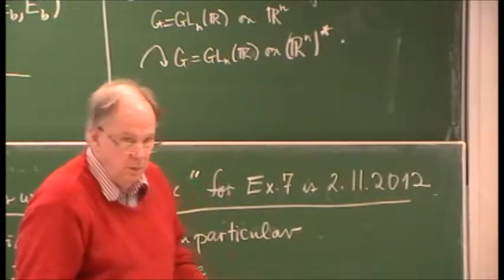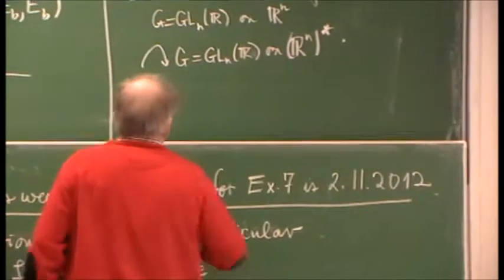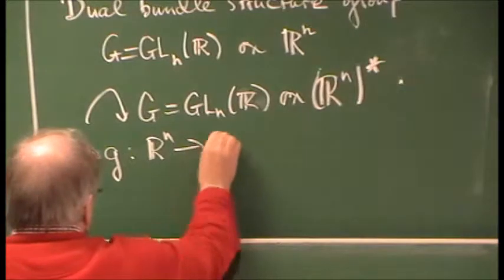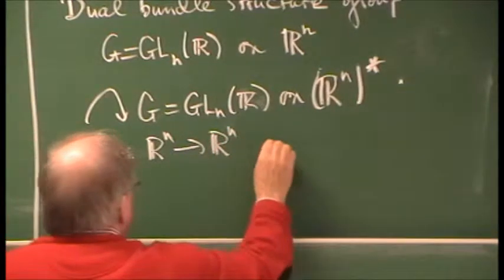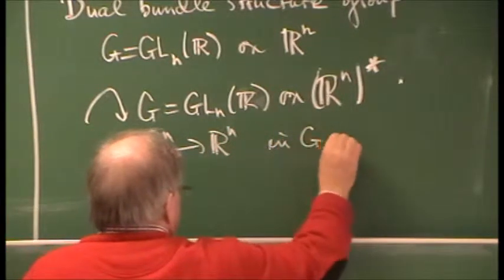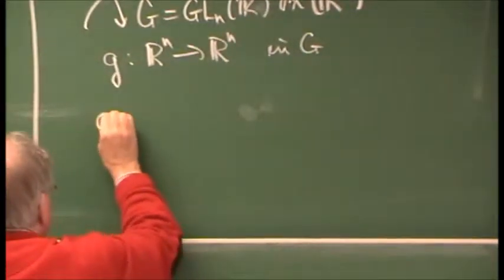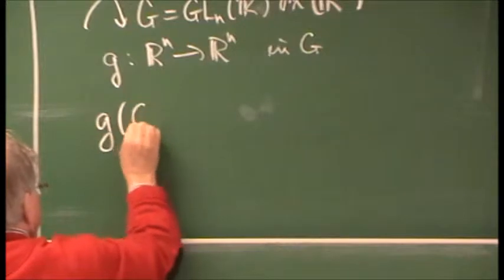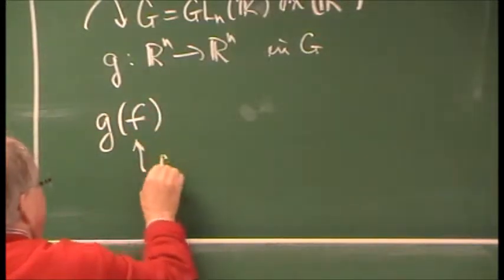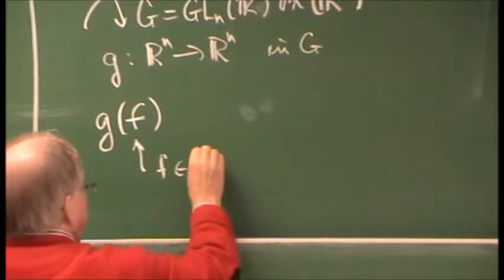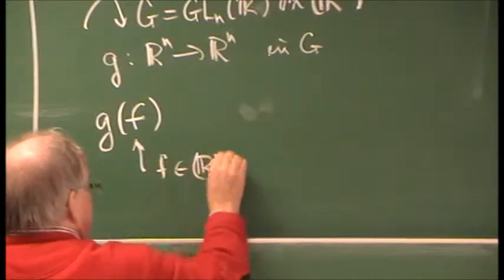Okay? So, if we have G, a linear transformation on Rn, so in GLn(R), then G of a function, this function is in the dual space, so Rn star.